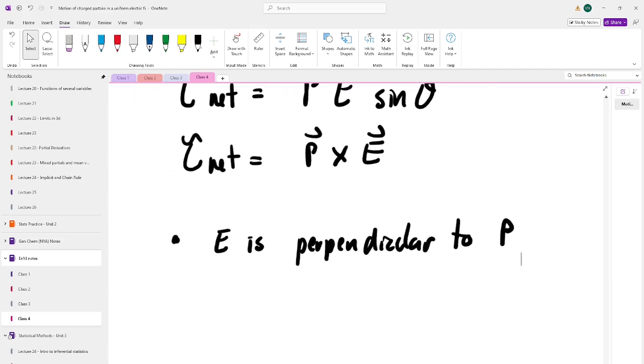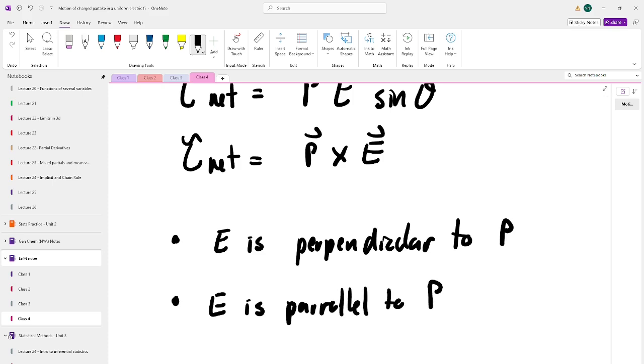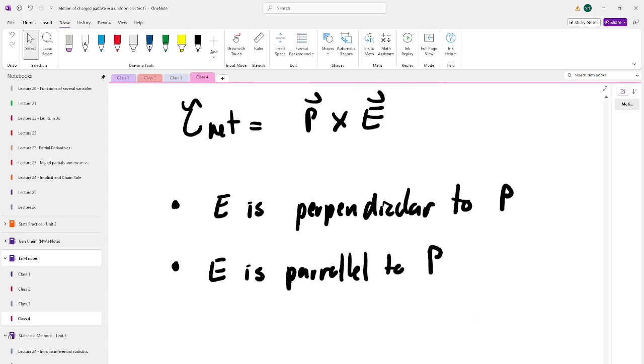And the same thing, so I'll write all of these out. If E is parallel to P, then the torque is going to be 0. And then if E is anti-parallel, it's obviously also going to be 0.